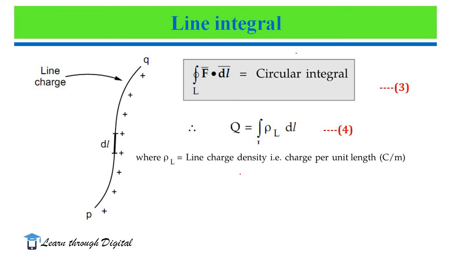Here we are integrating over the entire length, and we get the total charge distribution. Already we know that rho L is the line charge density, that means charge per unit length, coulomb per meter. In the previous video, I explained this in detail. Now you can understand how we evaluate the total charge existing on a line with the help of the line integral.